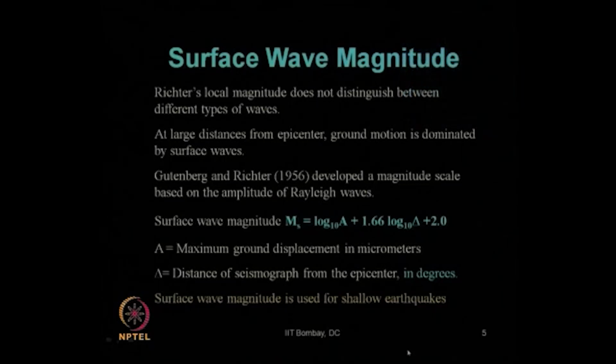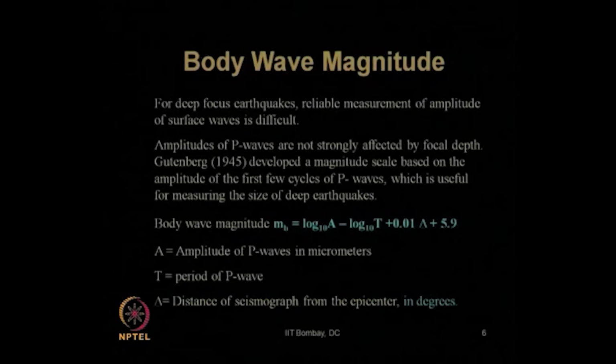Then we have discussed the surface wave magnitude, and we have seen the equation proposed by Gutenberg and Richter in 1956 to estimate the surface wave magnitude knowing the maximum ground displacement and the distance of the seismograph from the epicenter. Knowing these two parameters, we can estimate the surface wave magnitude at any place for typically shallow earthquakes.